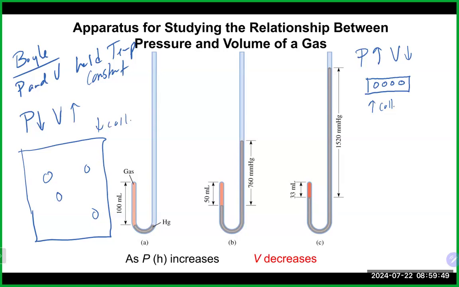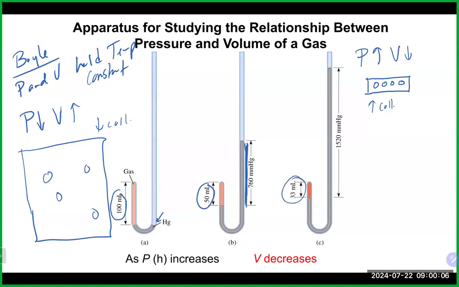And that's what we see when we look at the tubes here. Here we have a much larger volume and obviously a much smaller column of mercury, right? As the volume gets smaller, we start to see a rise in the amount of mercury in the tube.